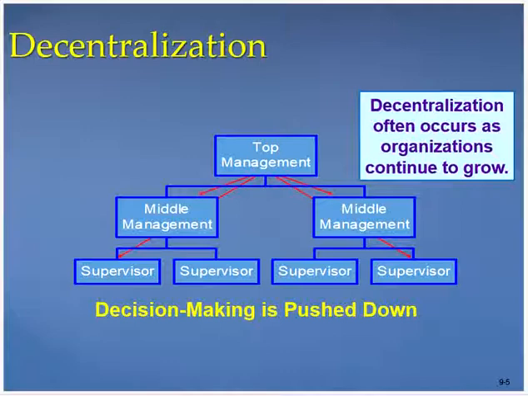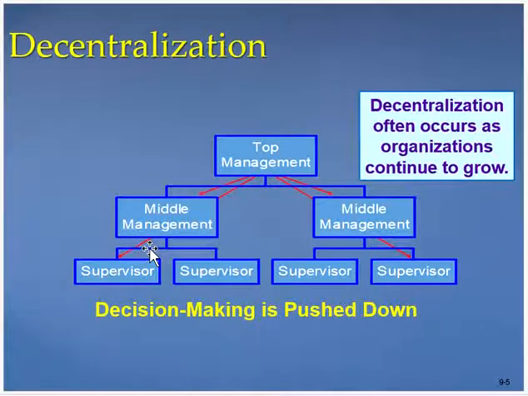So in this example, you have a top management, you have a middle management, and then you have a supervisor. Here decision making is pushed down. The middle manager is not responsible for making each and every decision. Some of the decisions are delegated to supervisors, so decision making basically is pushed down.